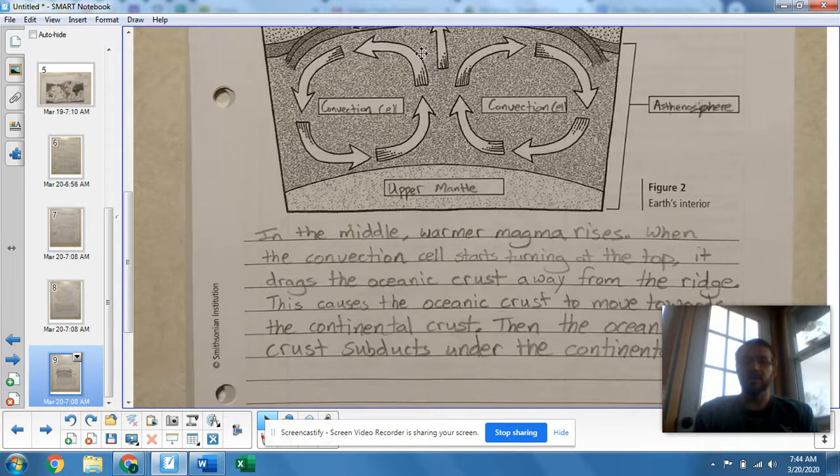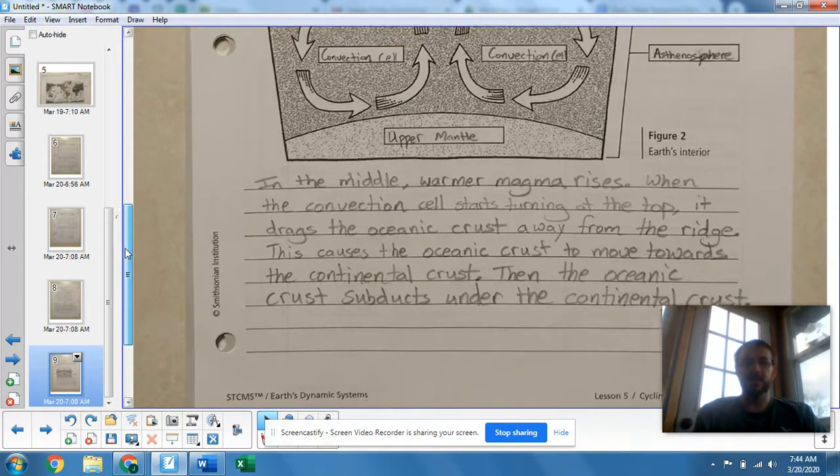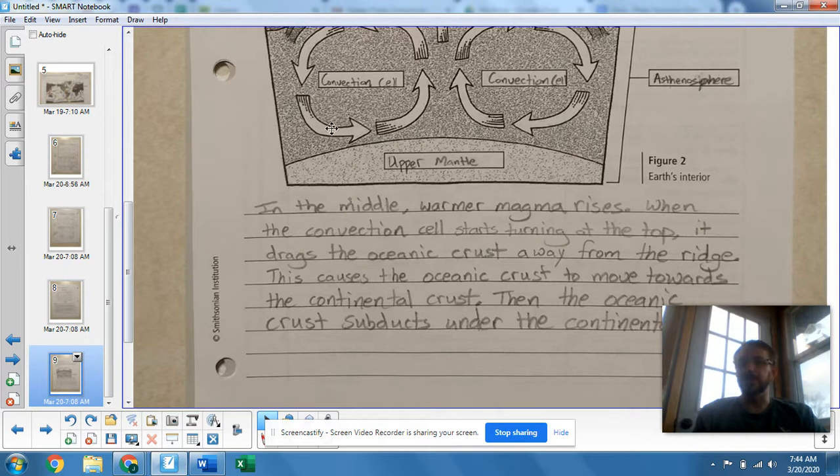When the convection cell starts to turn at the top, it drags, through friction pretty much, the ocean crust away from the ridge. This causes the ocean crust to move towards the continental crust. Then the ocean crust subducts, so we've got two subduction zones on both sides under the continental crust. I guess I could have added that the cool magma sinks again there too.